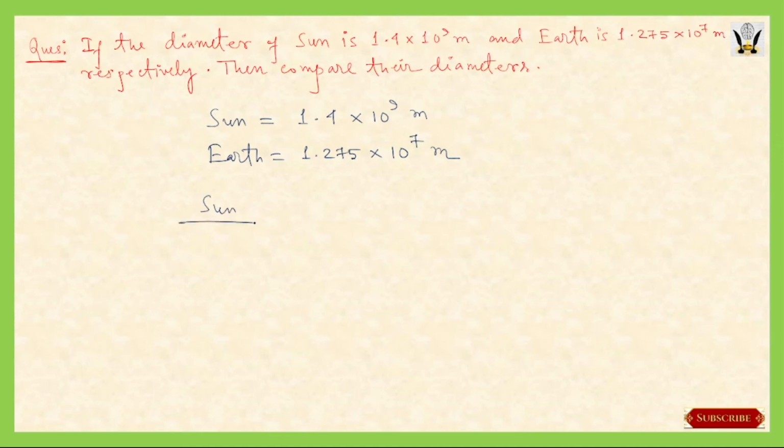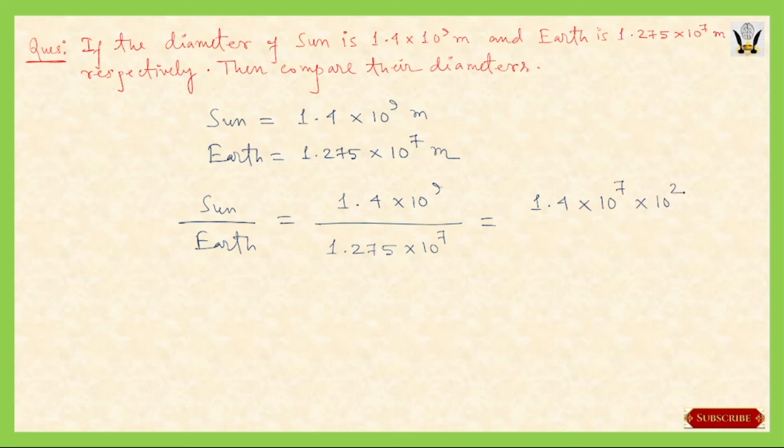So the ratio of sun and earth will be simply the ratio of these two values, 1.4 into 10 raised to the power positive 9 divided by 1.275 into 10 raised to the power positive 7. 10 to the power 9 can be further written as 10 to the power 7 and 10 to the power 2, because of that formula: 10 to the power 9 can be thought of as 10 to the power 7 plus 2, that is, a to the power n and a to the power m, right?